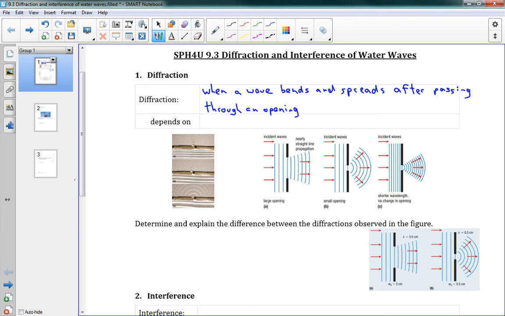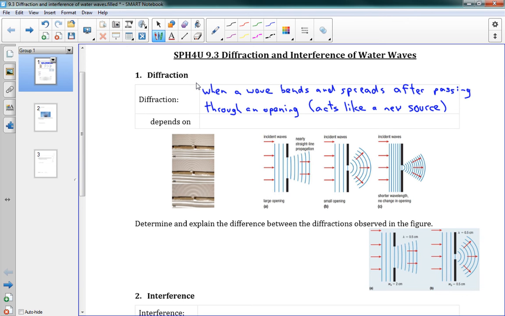And what that means is when a wave goes through some sort of opening, like what you can see in the pictures below, it acts like a new source at that opening. So that the waves are emitted from that point again in a circle. It goes out in all directions from that point. So it acts as if the wave is being created brand new at that single point.